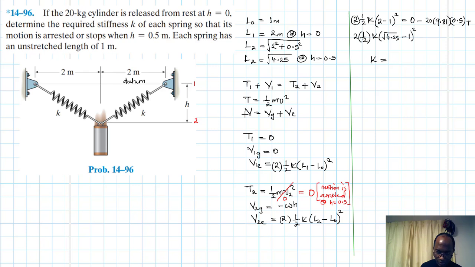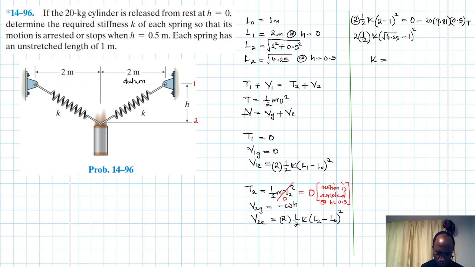So it's just 20 times 9.81 times 0.5, divided by the square root of 4.25, minus 1, squared, minus 1.